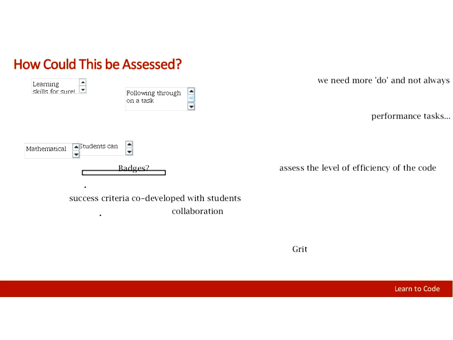So learning skills, badges, success criteria, mathematical process, following through on a task, of course, assessing the level of efficiency. That was a big part of my university. So we all could write code to solve a problem when I was in school, and we were graded on who could do it in the least lines of code, who could do it the most efficiently.